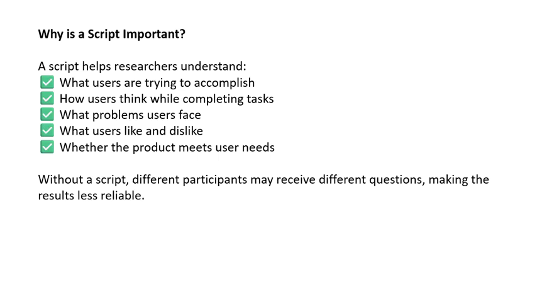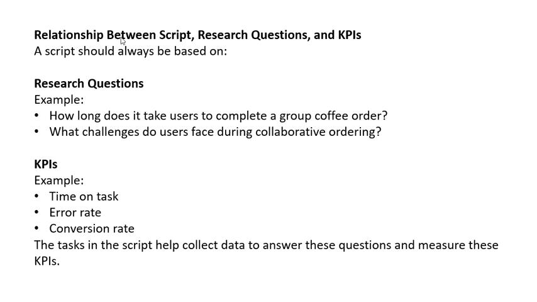Consider the relationship between the script, research questions, and KPIs. A script should always be based on a research question. For example, first, how long does it take the user to complete a group coffee order, and second, what challenges does the user face during collaborative ordering.